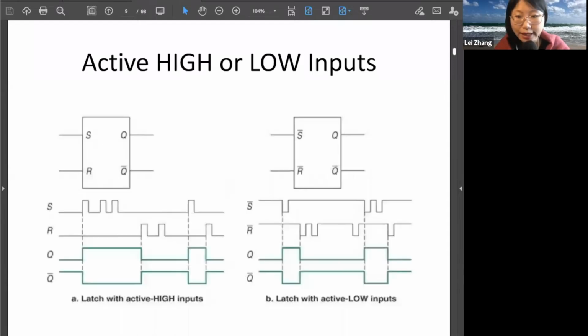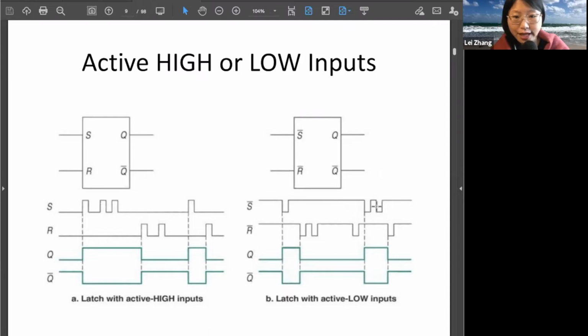That is when we have an overbar to indicate the inputs are actually active low. The definition of the latch remains the same, but the active states are different.